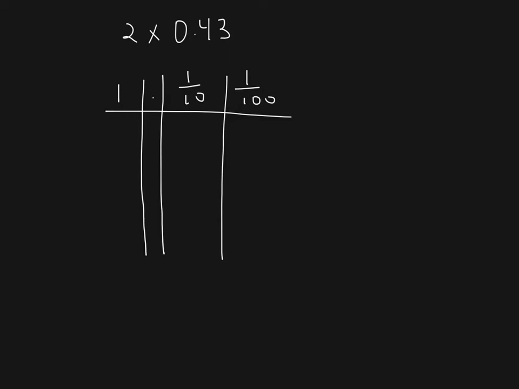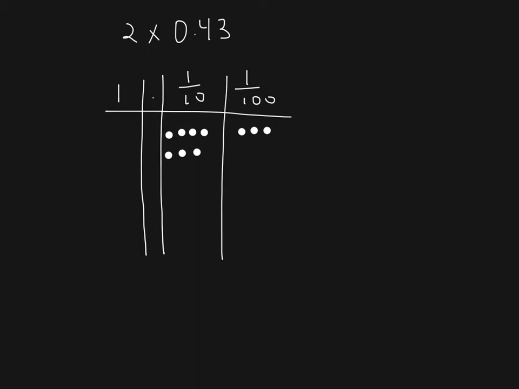Let's try multiplying a 2-digit decimal fraction. So I'm going to put 43 hundredths into my place value chart. I have 4 in the tenths place and 3 in the hundredths place. And I need 2 copies of that.